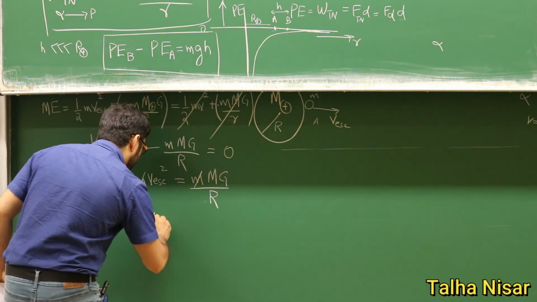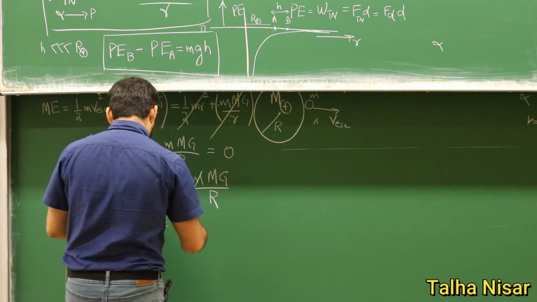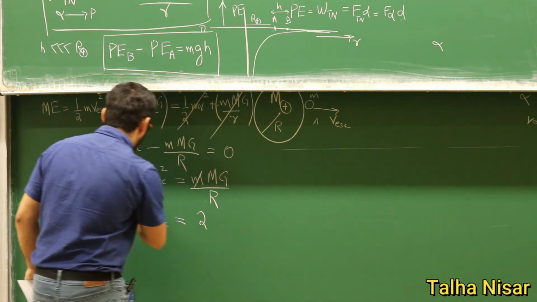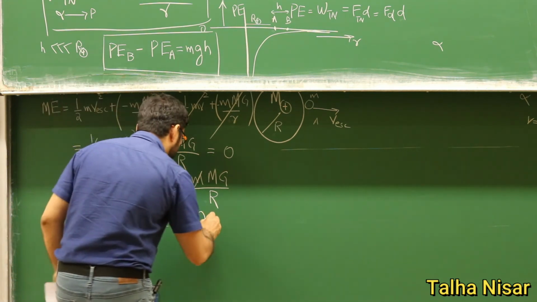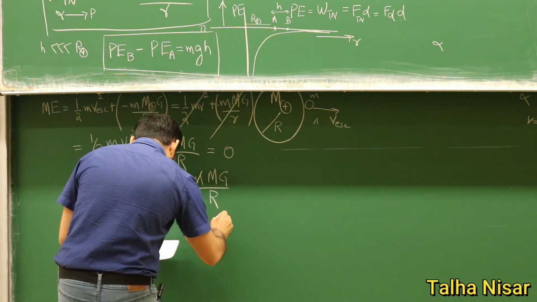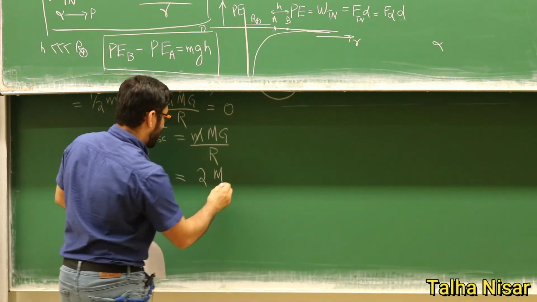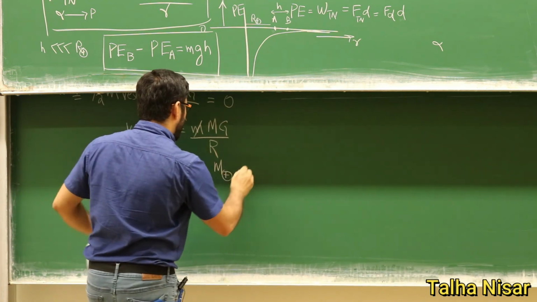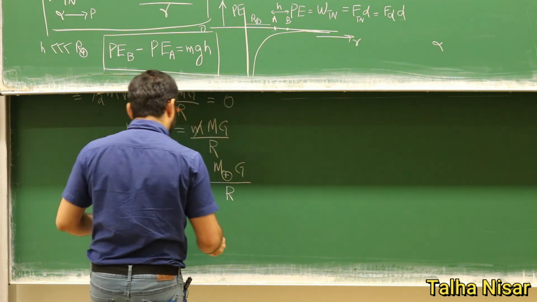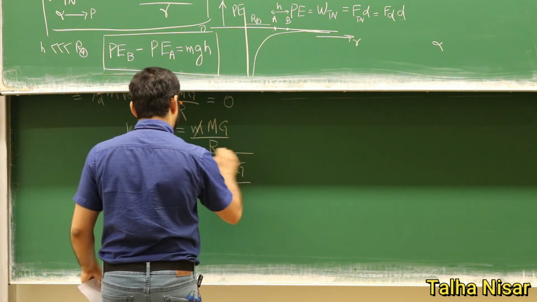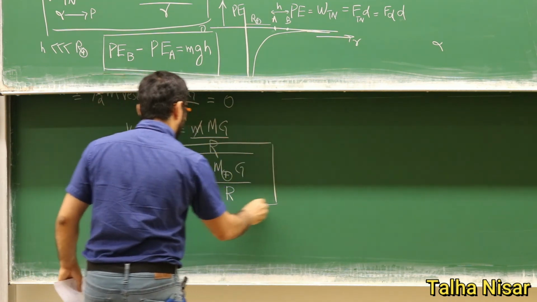So the escape velocity is equal to the square root of 2, this 2 goes from the denominator to the numerator, times the mass of the earth, the gravitational constant, and again divided by R. So this is the escape velocity.